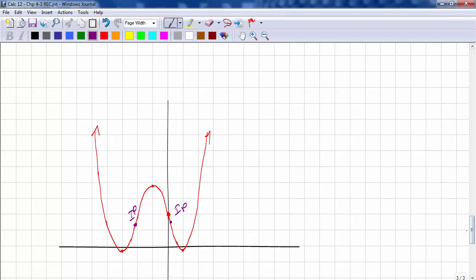Okay, we can draw our boundaries. This is concave up. This is concave down, concave up. And we can label this as absolute min and absolute min.